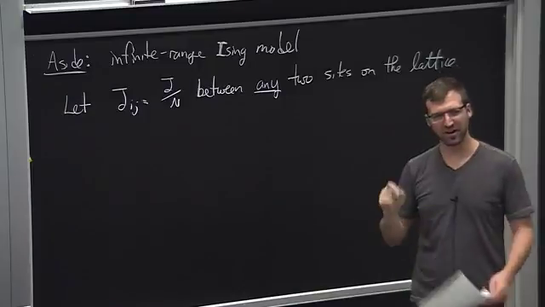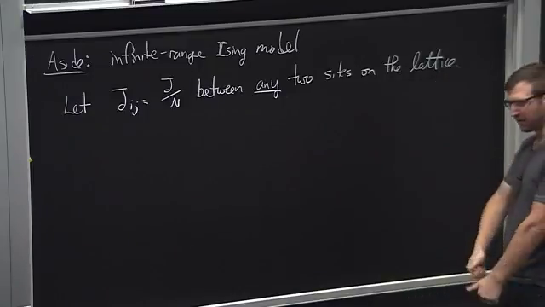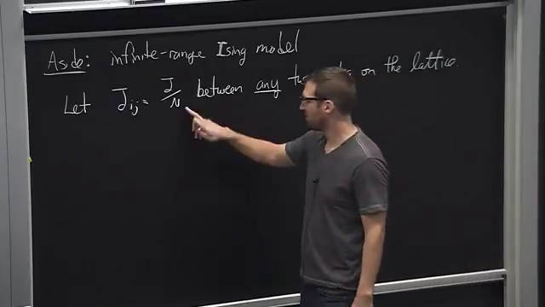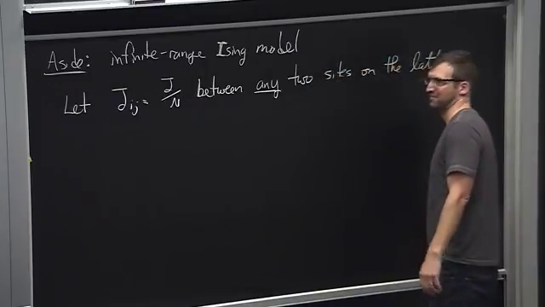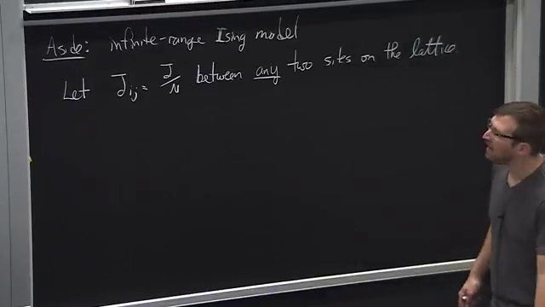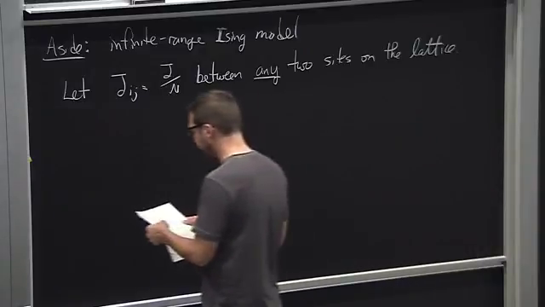So it doesn't matter where your i and j are. Doesn't matter if they're nearest neighbor or if they're a mile apart. Let's just define J_ij as some constant J over N between those two spins. And then any sum we have, sum over J_ij, will just be J.